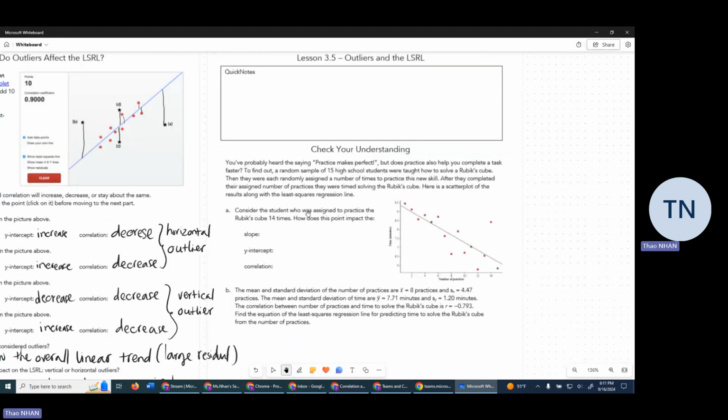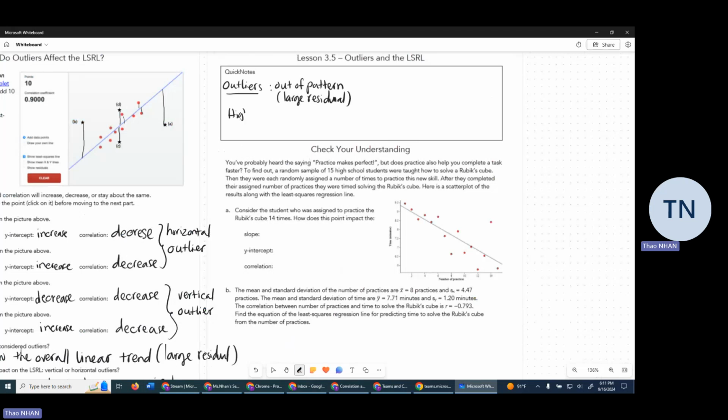Let's go over here and do a quick notes recap. So what did we just learn? We learned about outliers and how they impact your least squares regression line. Outliers are points that are out of the pattern, that is, they have large residuals.